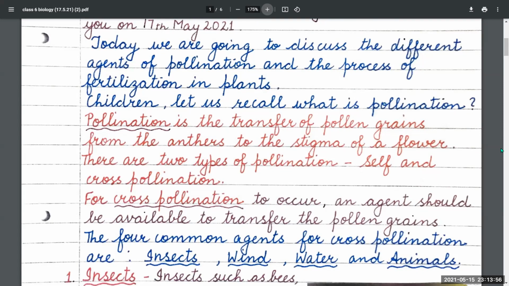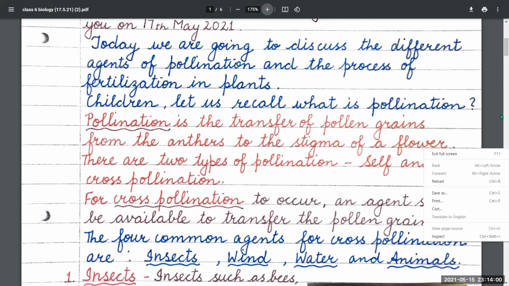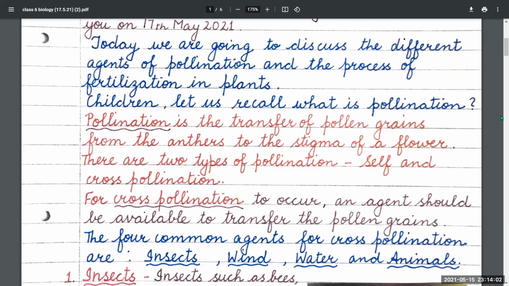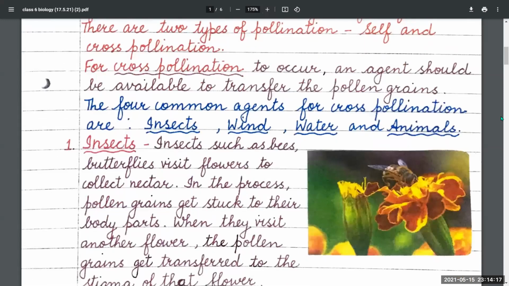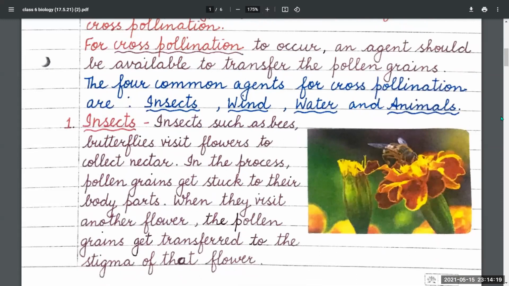For cross-pollination to occur, an agent should be available to transfer the pollen grains. The four common agents for cross-pollination are insects, wind, water, and animals. Insects.